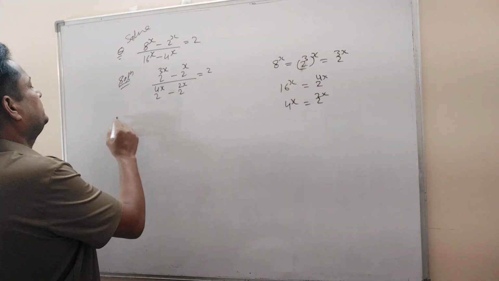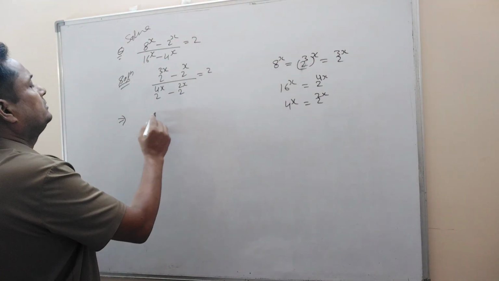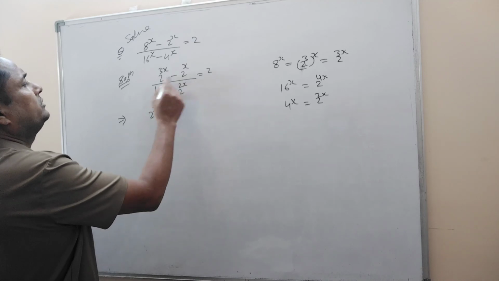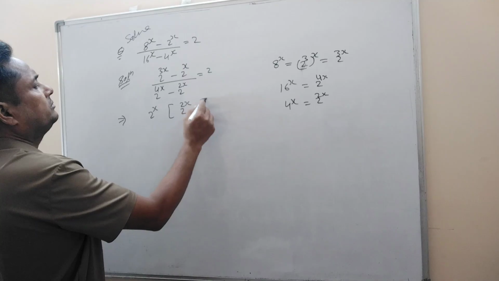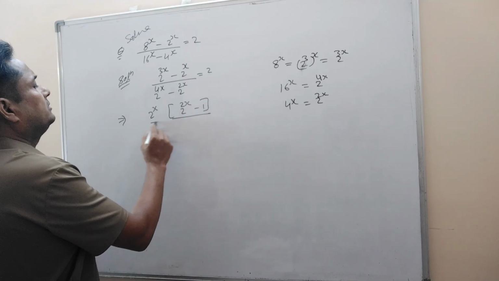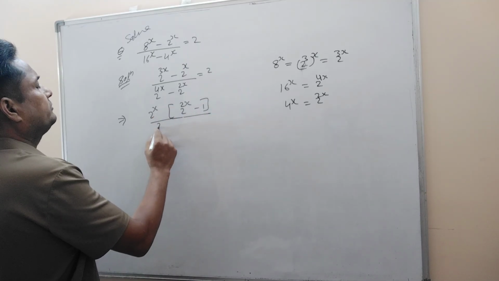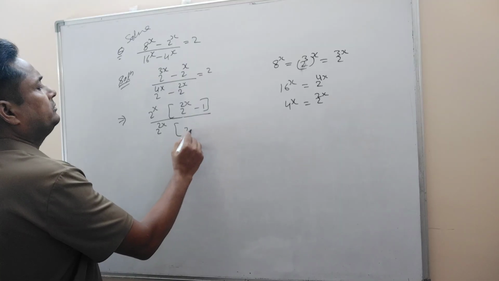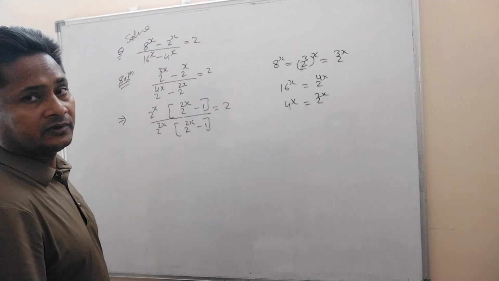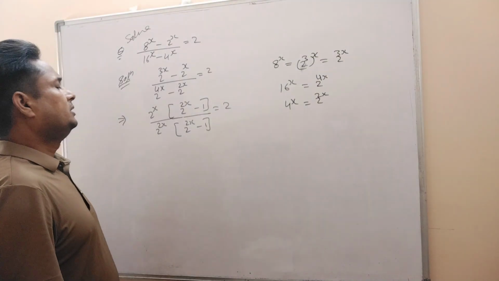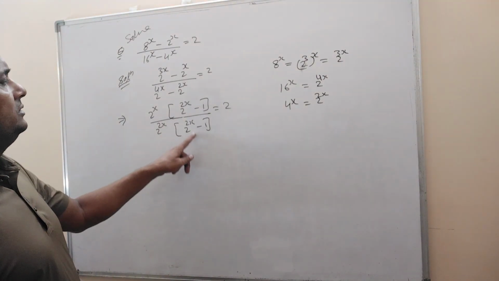Right. So this can be written as, take 2 to the power x common in the numerator. So it will be 2 to the power 2x minus 1. And take 2 to the power x common from the denominator. So it will be 2 to the power 2x minus 1 is equal to 2. Now see here, this is the same term.